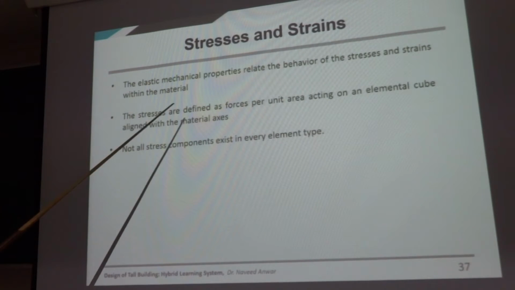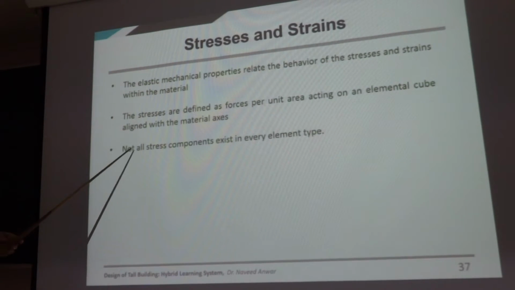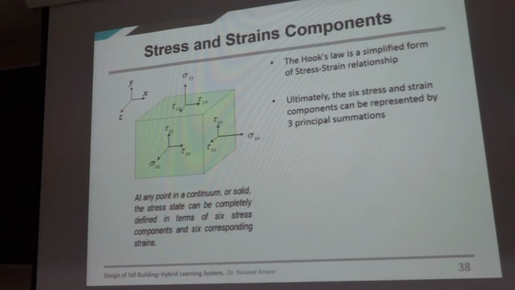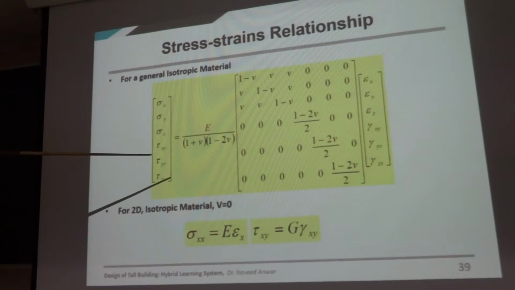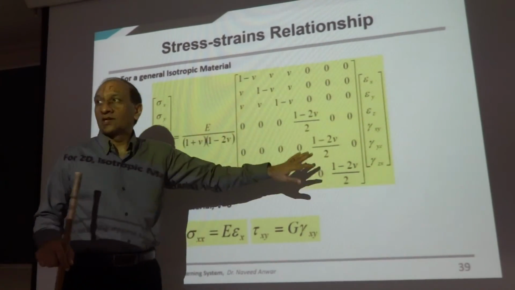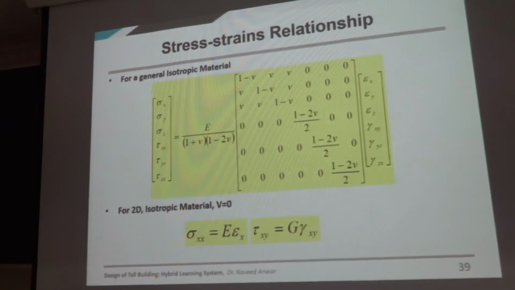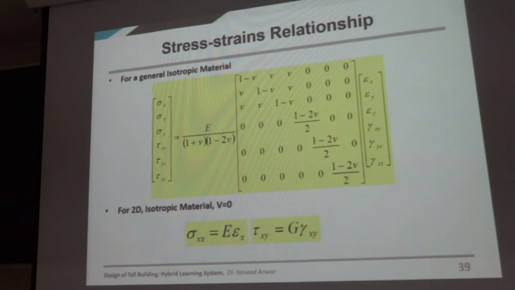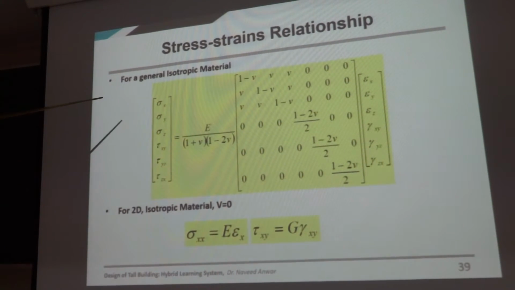And then stresses are defined as forces per unit area. Not all stress components exist in every element, we know that also. So we talked about this last time in our course, and this is the matrix we arrive at when we see a lot of zeros here. That means there's no relationship between certain stresses together with each other, which is good for us. But this is only true for isotropic material.